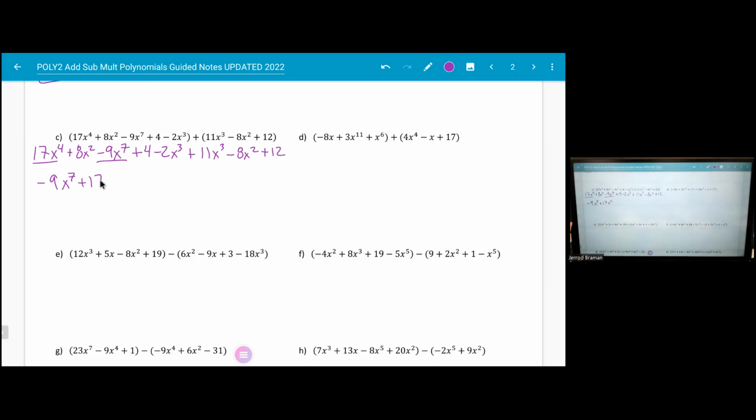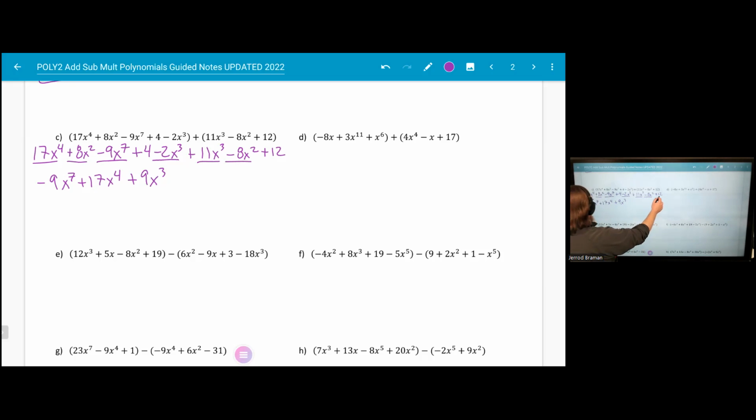Anything to the 3rd power? I've got 2 terms, negative 2 and positive 11. That gives me positive 9x cubed. In terms of things that are squared, positive 8x squared, negative 8x squared. Well, that's kind of nice. That's just 0. You don't have to write the 0 in, so we won't.